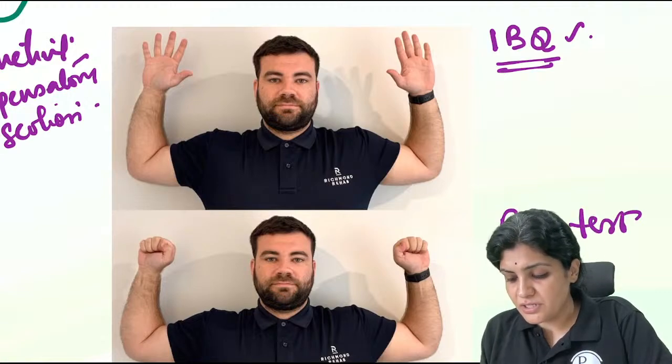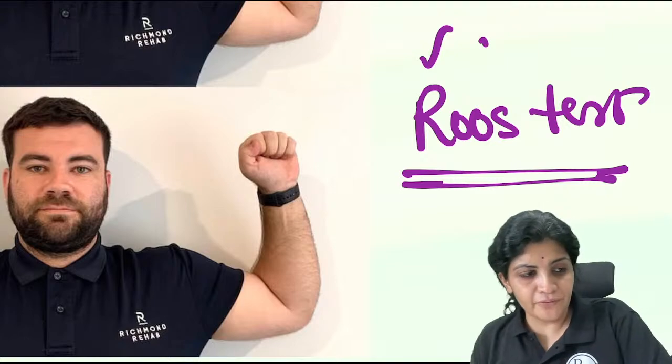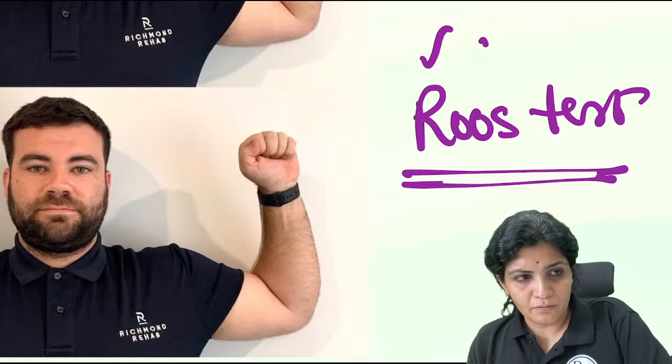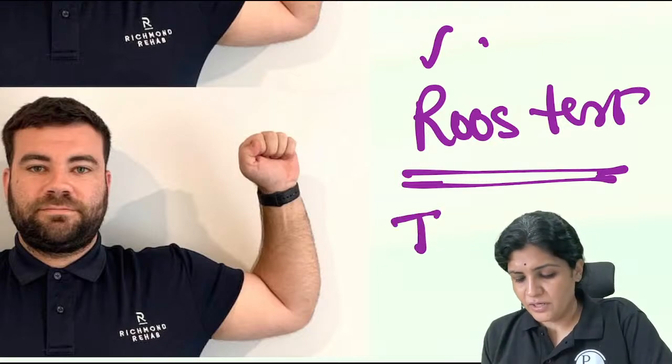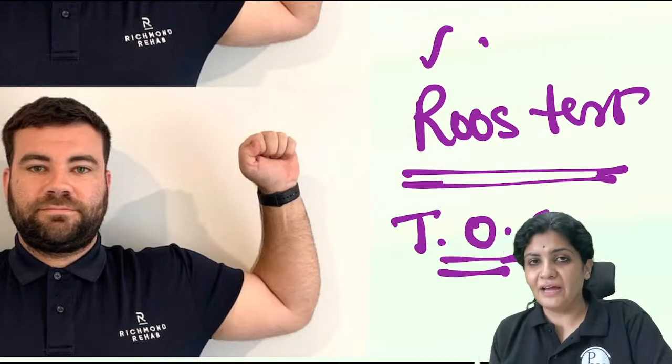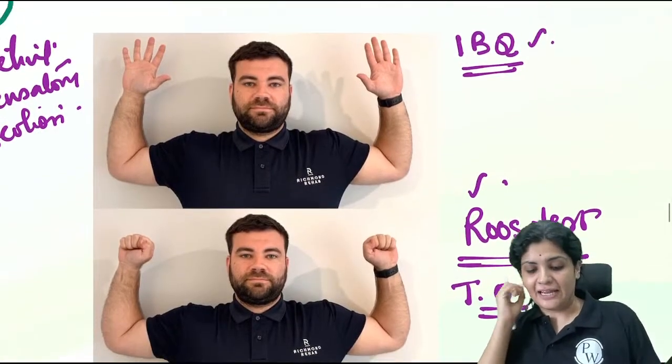Roos test is used for the diagnosis of, very good, thoracic outlet syndrome. So we have learned one is Adson's test, which is very, very specific. The second one is Roos test.